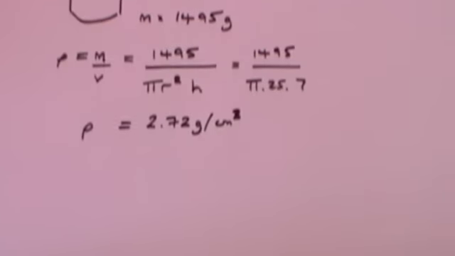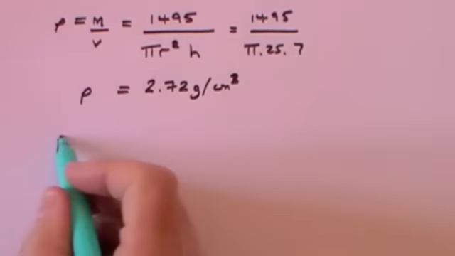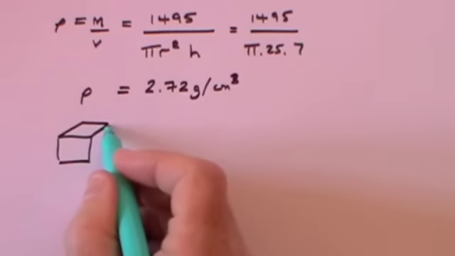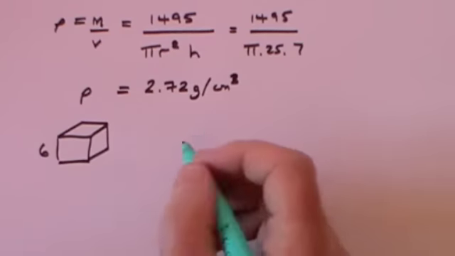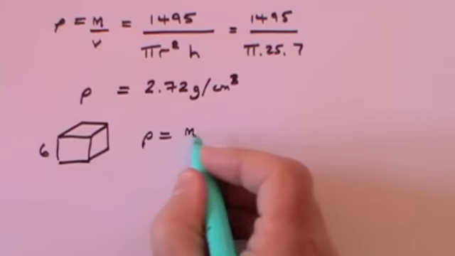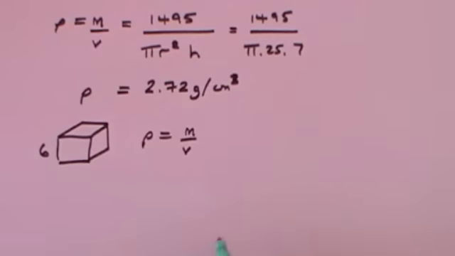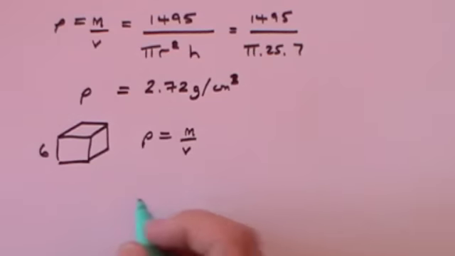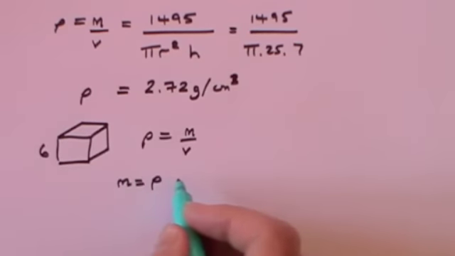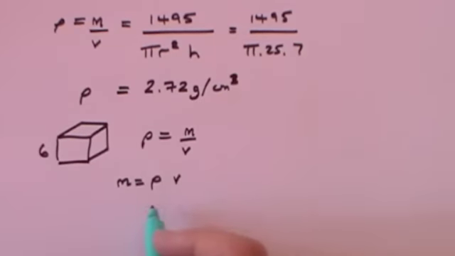The second part of the question is, what then would be the mass of a cube of aluminium of side 6 centimetres? Well, once again we would use the formula that rho is mass over volume, but now we are trying to find the mass because we already know the density. So mass is going to be density times volume.